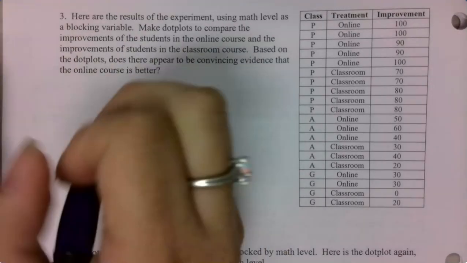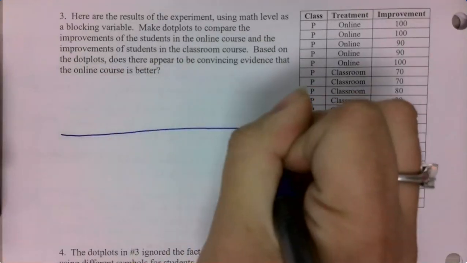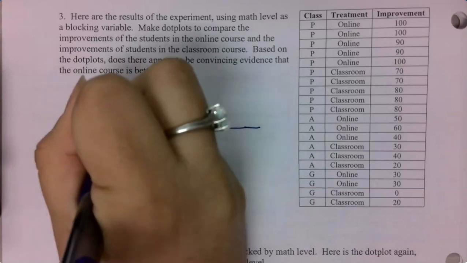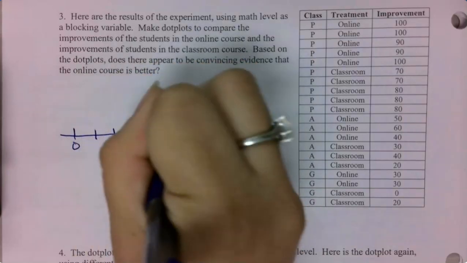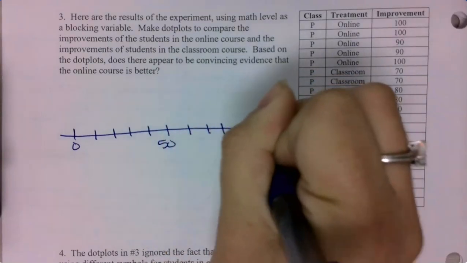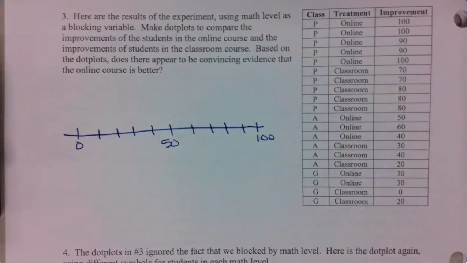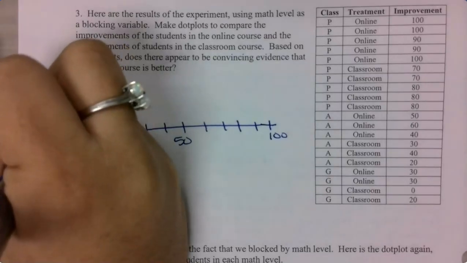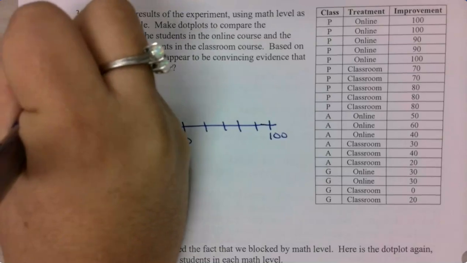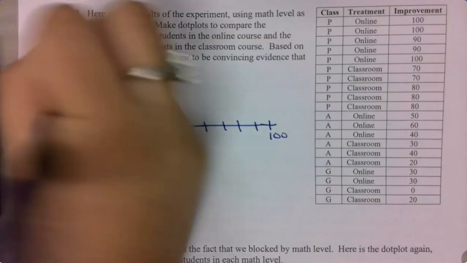So what I'm going to do is draw out a dot plot from 0 to 100, and then I'm going to have 2 rows across. I'm going to have online and classroom. And these are my treatments.